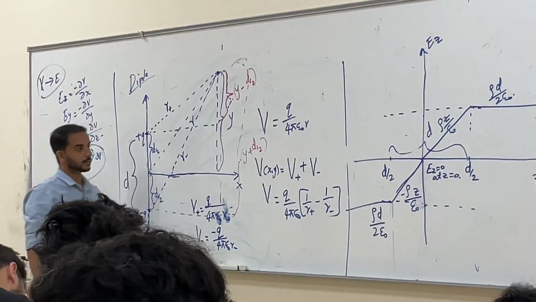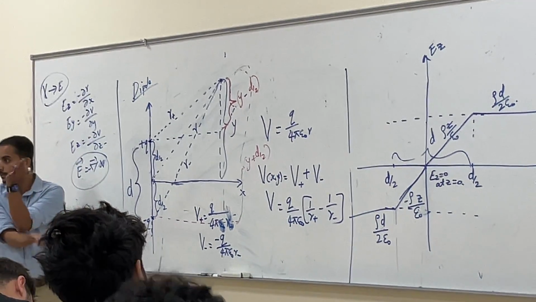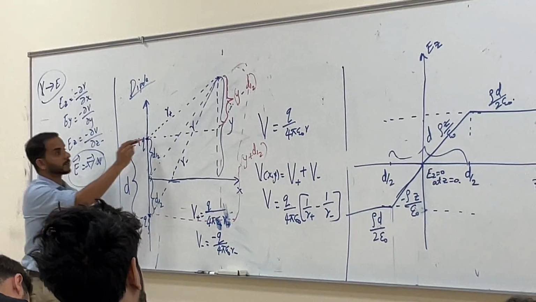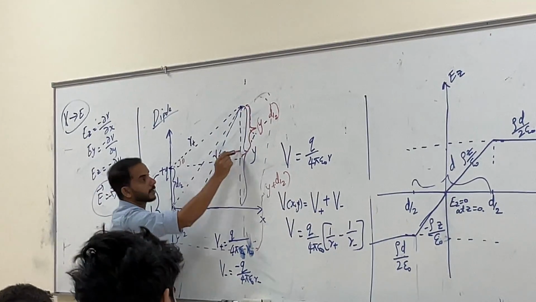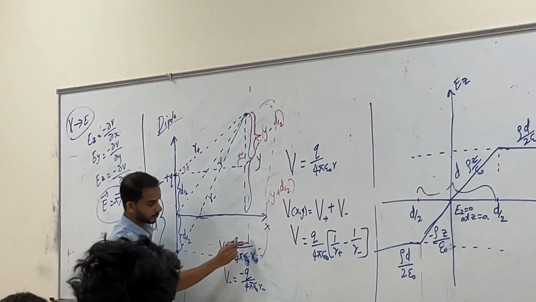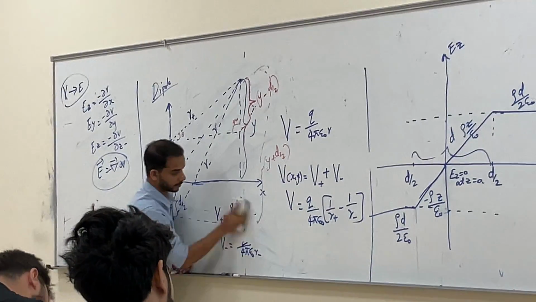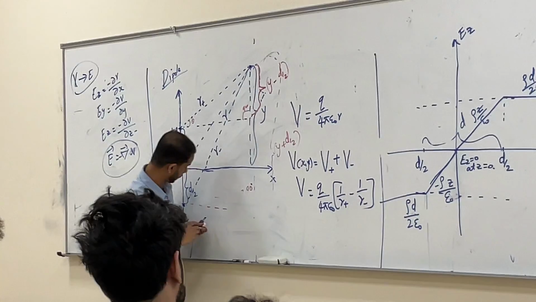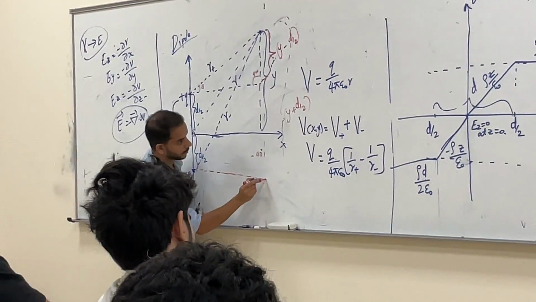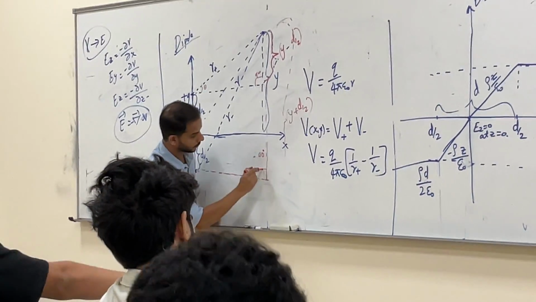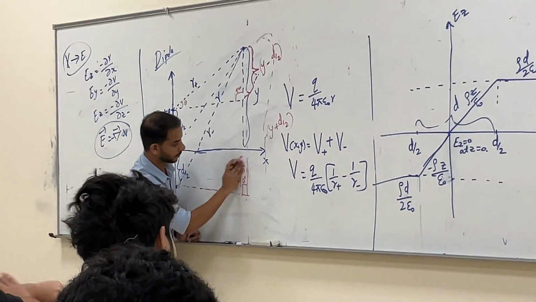Now we have a rectangle, right? So this is 90 degrees here, and with respect to this, this is 90 degrees too.